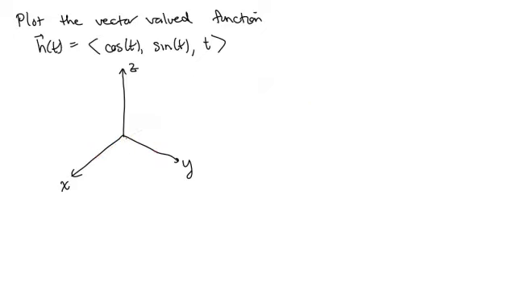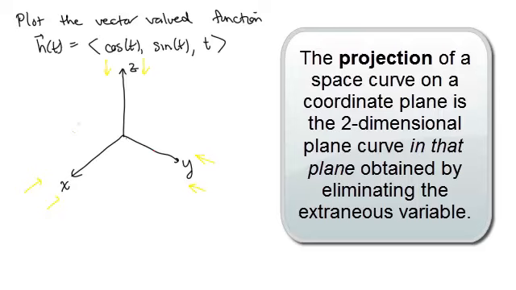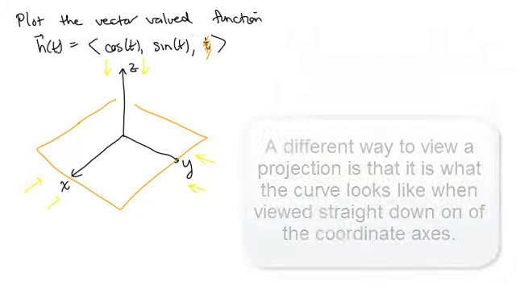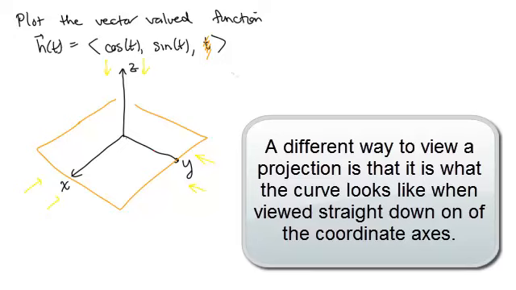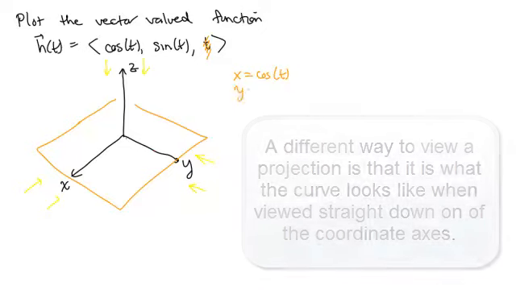The idea of a projection is to look at this curve from either straight down, so that you only see the part in the xy plane, but you don't see the height, or straight down the x-axis, or straight down the y-axis. It's kind of like casting shadows along each one of the coordinate planes. So for example, we could look at the xy projection, and the basic idea is we're just going to ignore the z component right now. So if we were to look at this equation in the xy plane, we would say, all right, we have x is equal to the cosine of t, and y is equal to the sine of t.